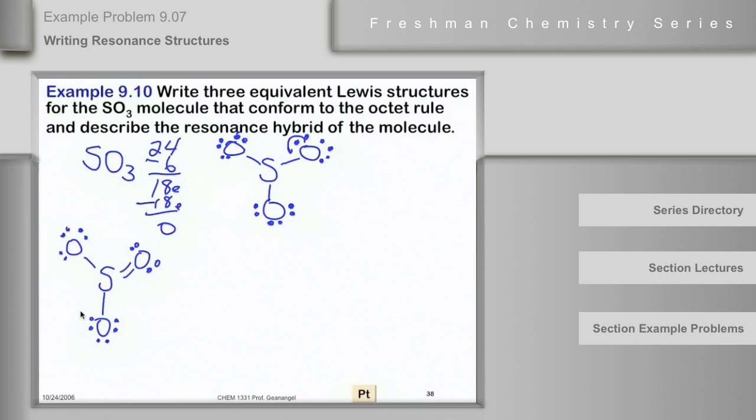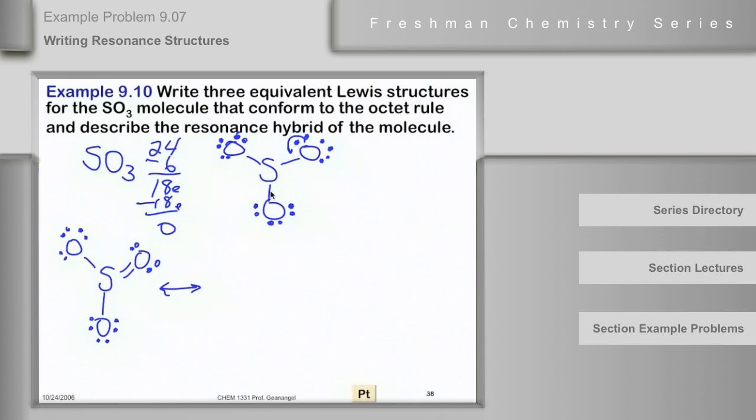It's a Lewis dot structure that differs not in the position of atoms. All the atoms are positioned exactly the same way, but in the position of electrons. So if we can deal with movement of electrons here without moving the sulfur or the oxygens, we have resonance forms. And obviously we can, because we could have made this double bond here, or we could have made it here.